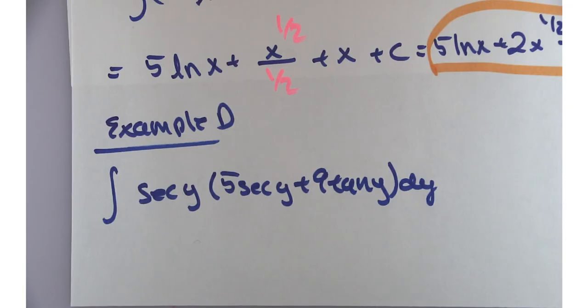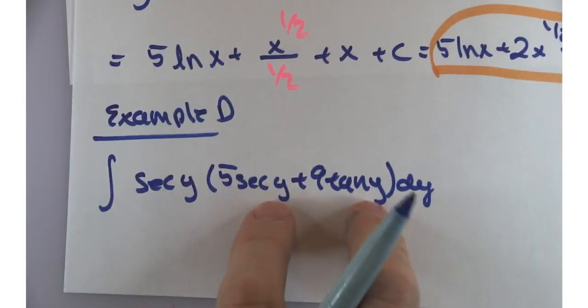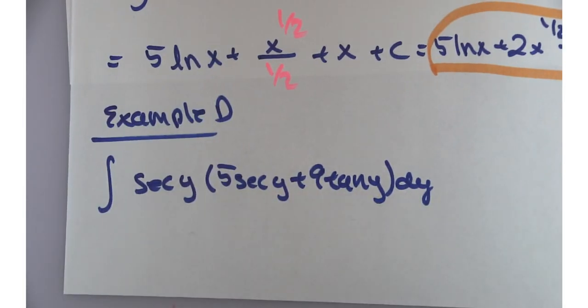Well, again, we're kind of stuck with the fact that there's no product rule for integrals. I can't integrate this and then integrate what's inside here. So suggestions. What do you got? What can we do here?